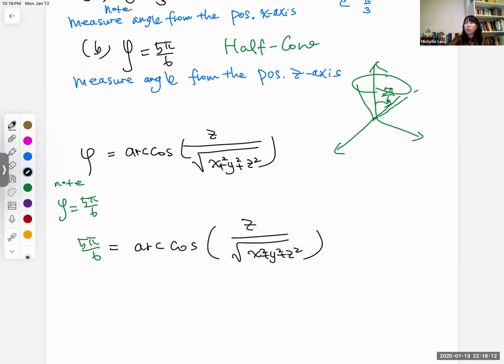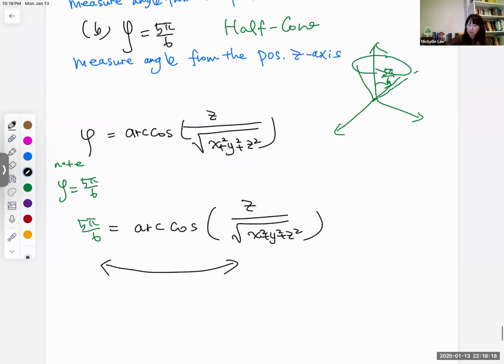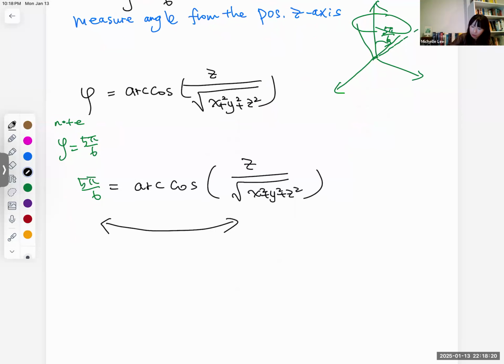So we can express it this way, swapping with the inverse of cosine, right? So we will have cosine 5 pi over 6 equal to z over square root of x squared plus y squared plus z squared.